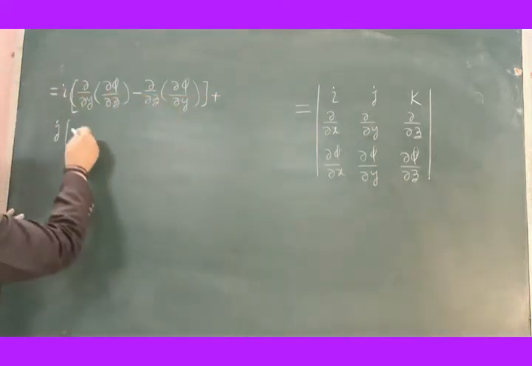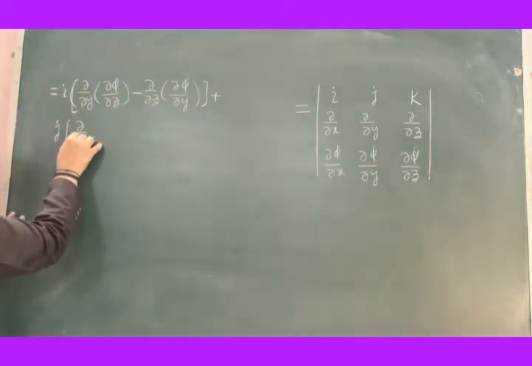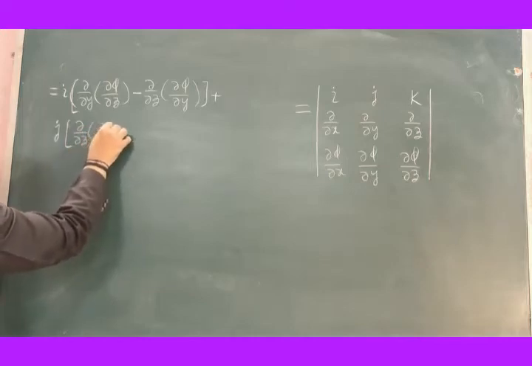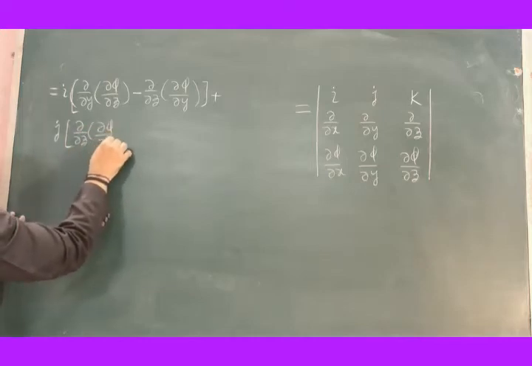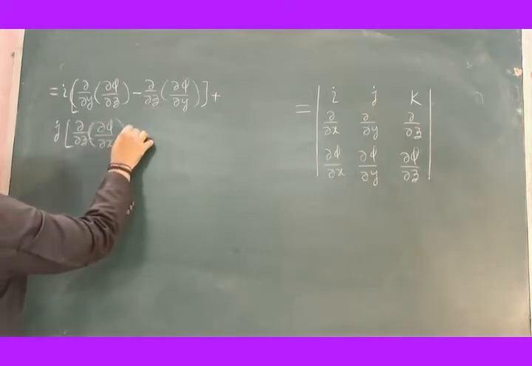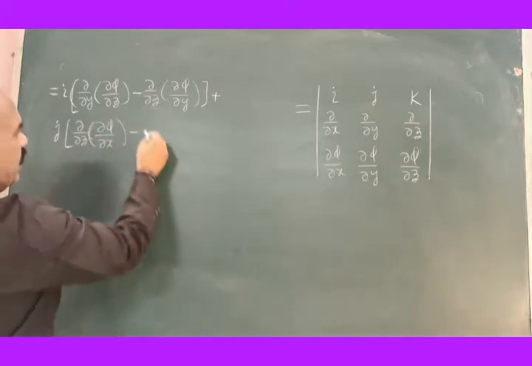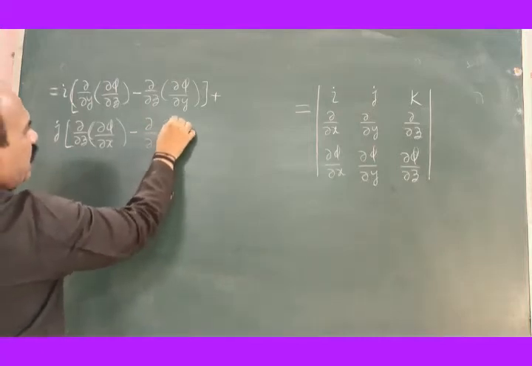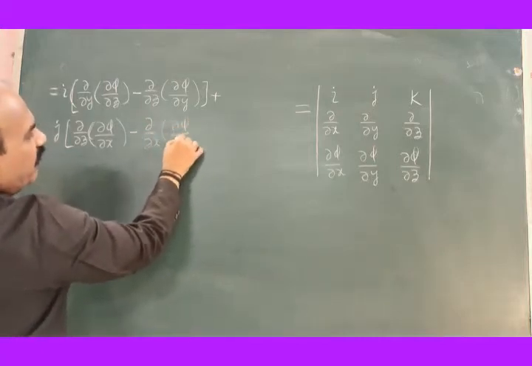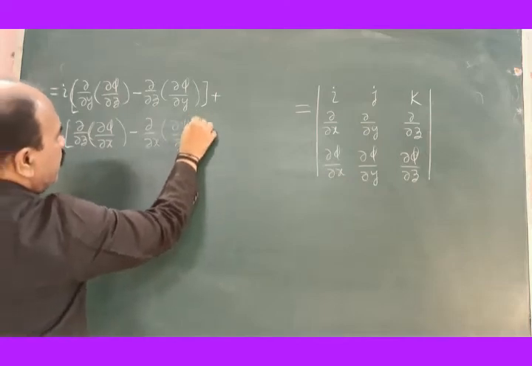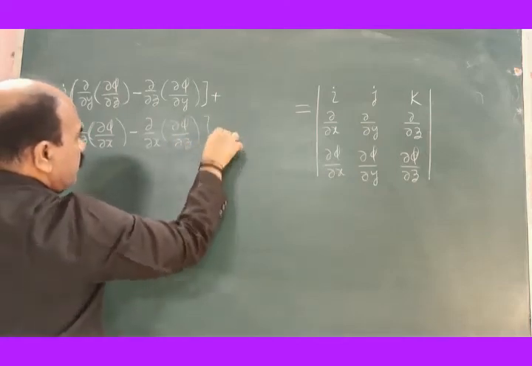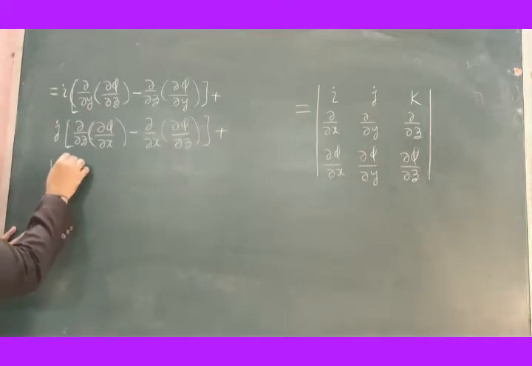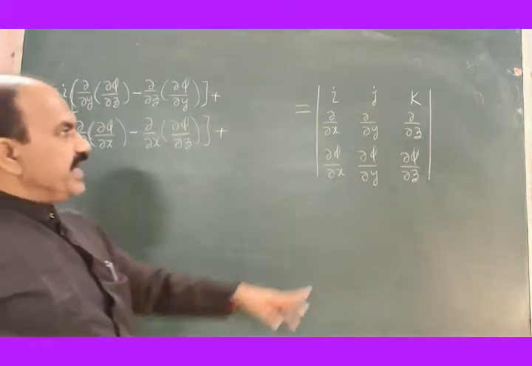And that is what? Dou by dou z of dou phi by dou x minus dou by dou x of dou phi by dou z, plus k times. k is here.